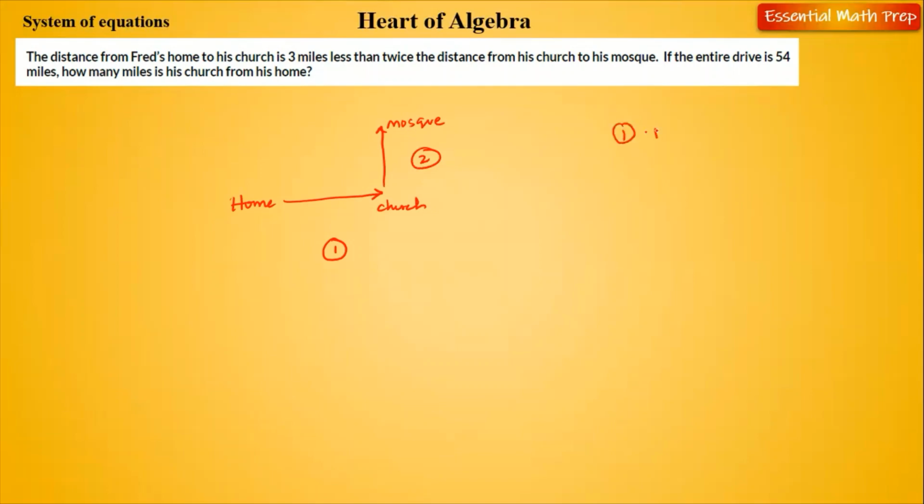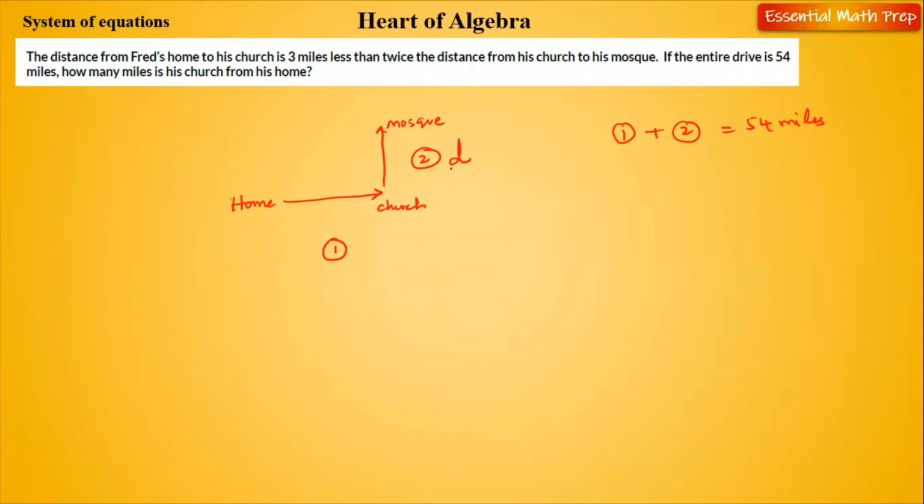Part 1 of the trip plus part 2 of the trip is total to 54 miles. Let's call the distance from church to mosque as D, because we don't know that. So is the home to church. But what is critical about home to church is if you assign the correct variable to church to mosque.